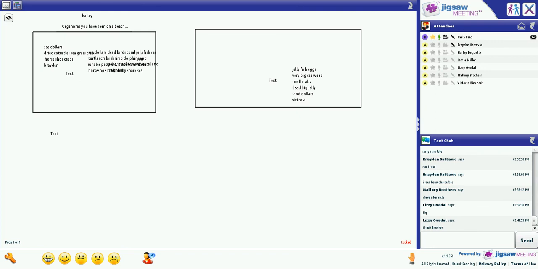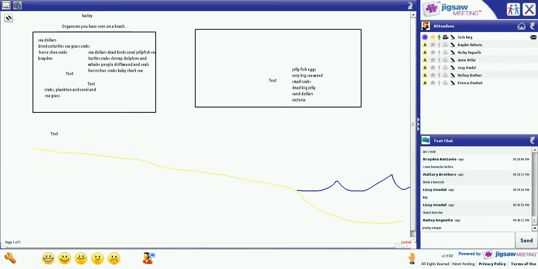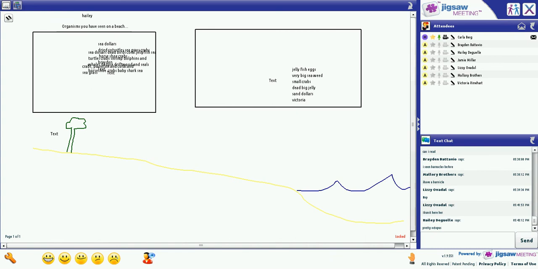Now, what we are going to do is go ahead and switch back to our whiteboard. I am going to attempt to draw a beach. And here is our beach.